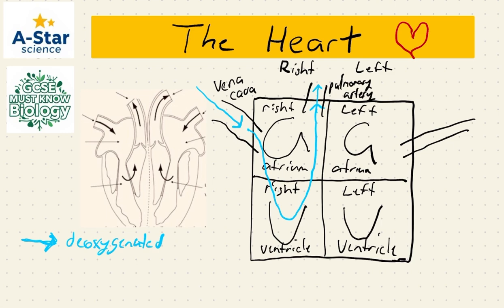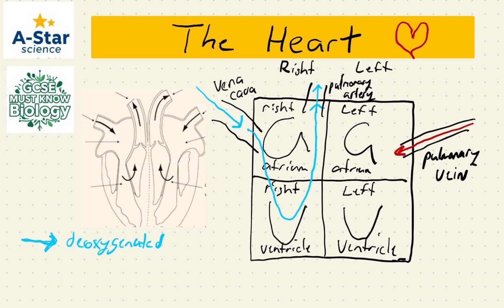It's now oxygenated because it's been to the lungs and picked up oxygen by diffusion in the alveoli. So this blood vessel coming back in is called the pulmonary, for lungs, pulmonary vein. It's coming from the lungs carrying oxygenated blood.